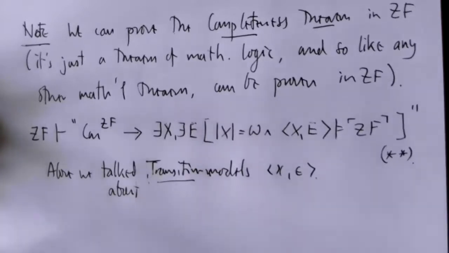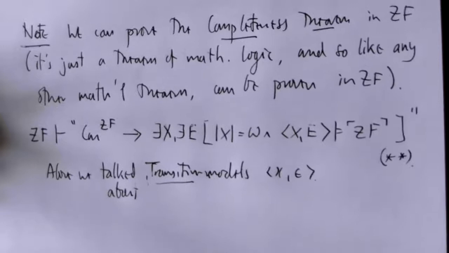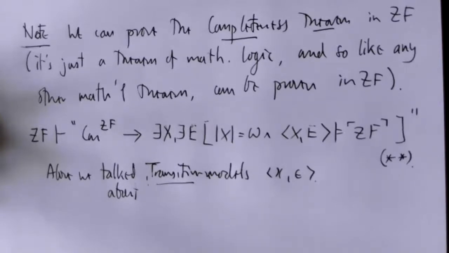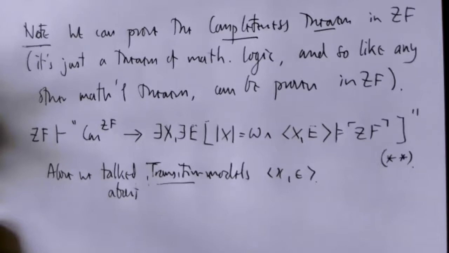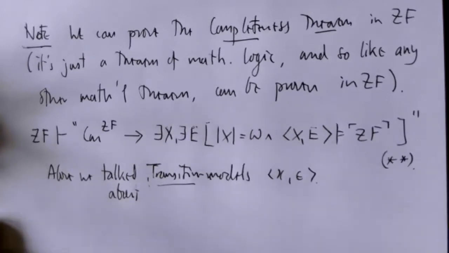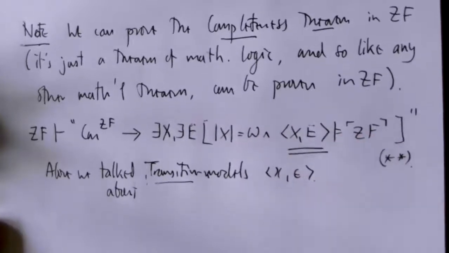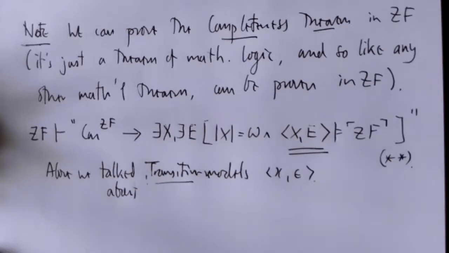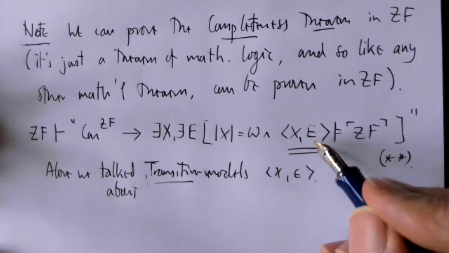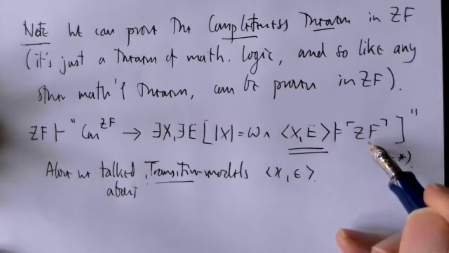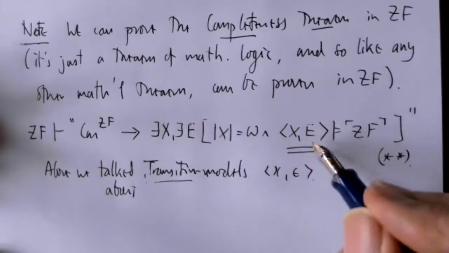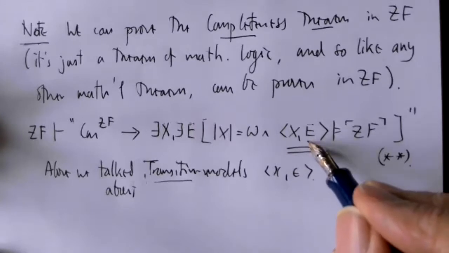The completeness theorem provides a completely artificial model. It builds a model out of equivalence classes of the syntax of the language. So not necessarily anything to do with sets at all. And the E relation that it'll define was not necessarily anything to do with epsilon. It's just a binary relation, such that I interpret the sentences of ZF in this structure with epsilon interpreted as this binary relation.